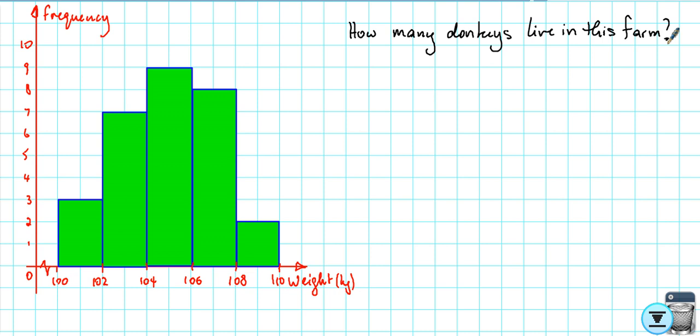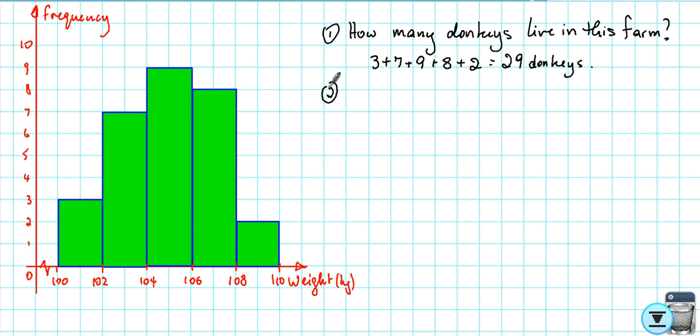So we had between 100 and 102 kilograms, we had 3 donkeys. Between 102 to 104, there were 7 donkeys. Then there were 9, there were 8, and there were 2. So adding this up, I get a value of 29. There are 29 donkeys.